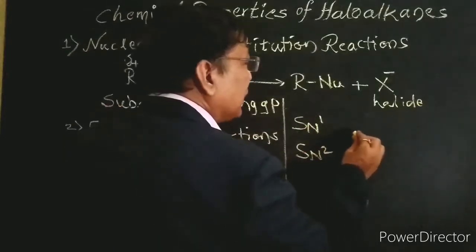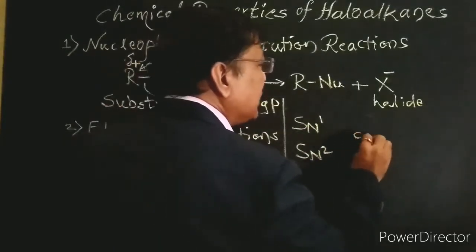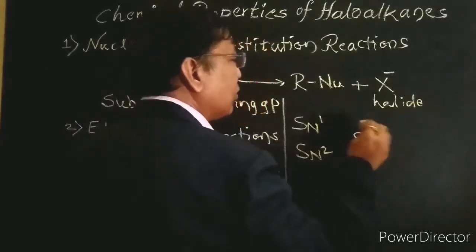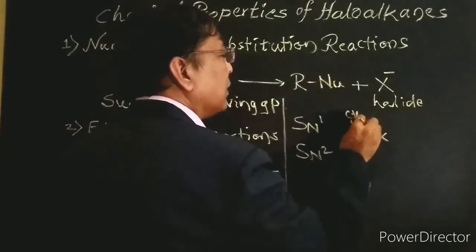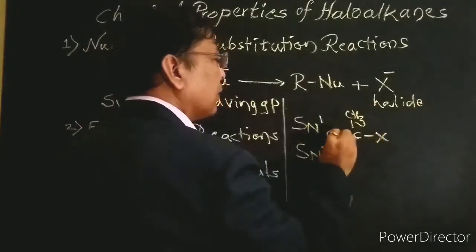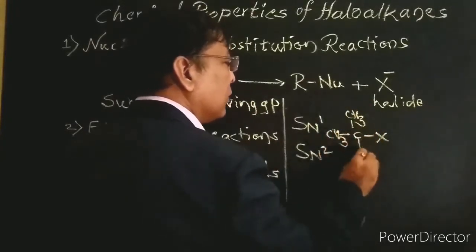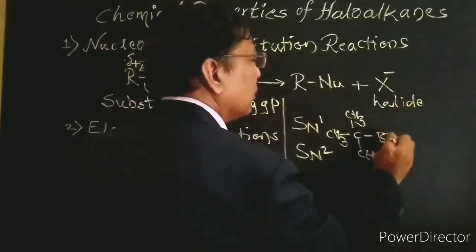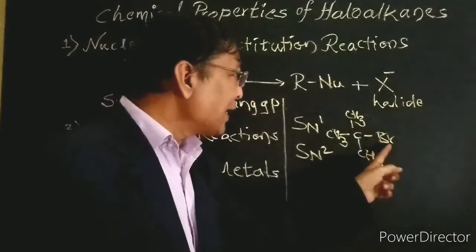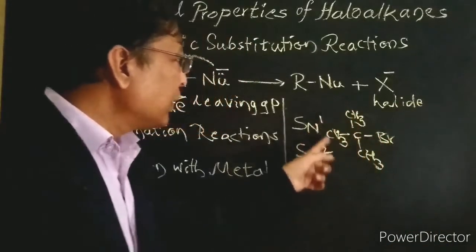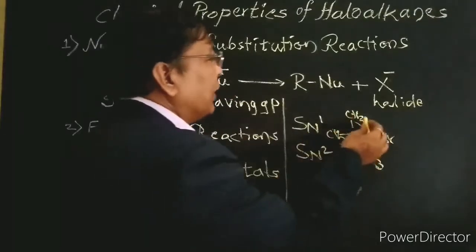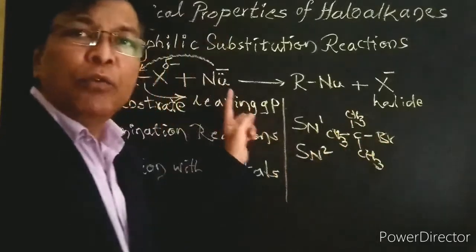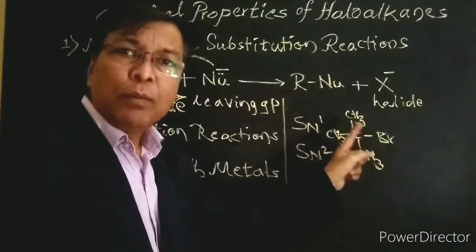See, if the carbon atom attached to the halogen atom is bonded to bulky groups like CH3, bulky groups meaning large groups like methyl groups, then the nucleophile will follow Sn1 reaction mechanism path.